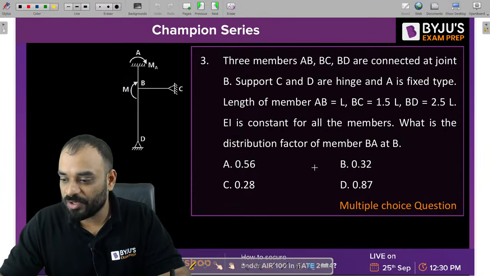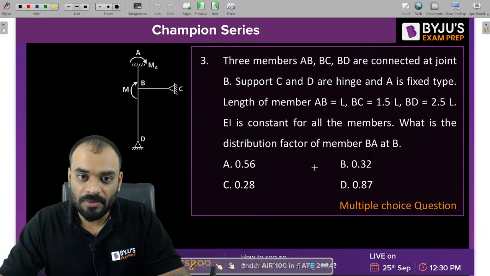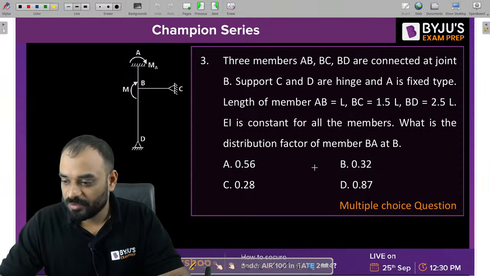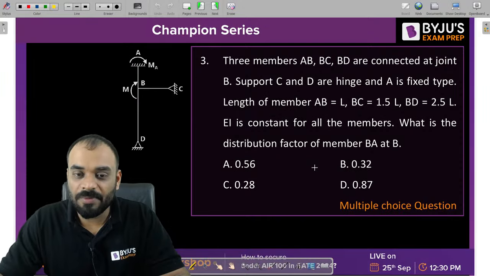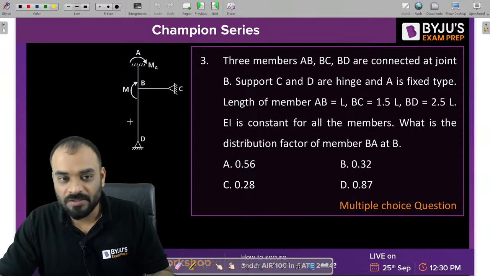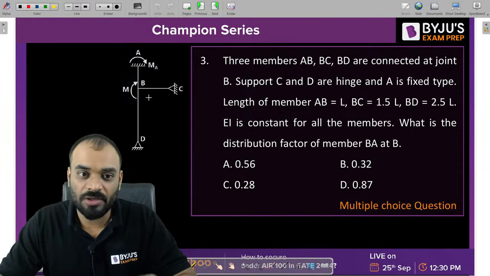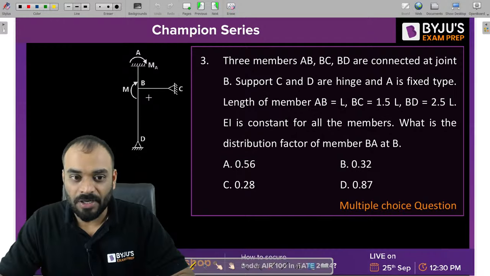Next question in front of you. There are basically three members AB, BC and BD, which are connected at a joint B, where all three members meet.